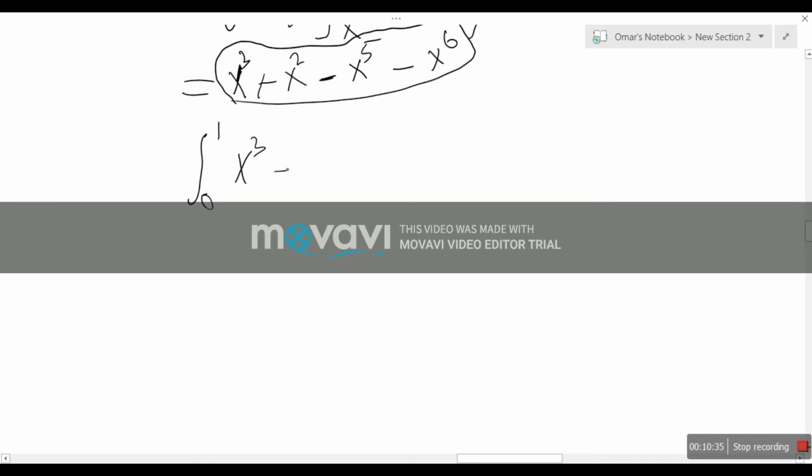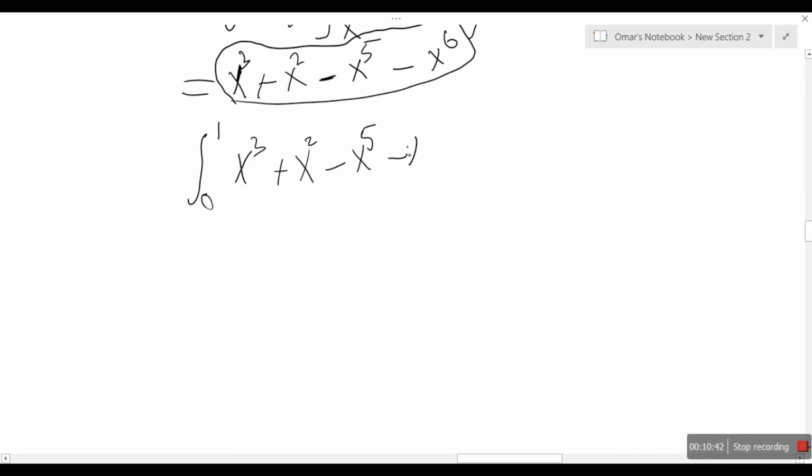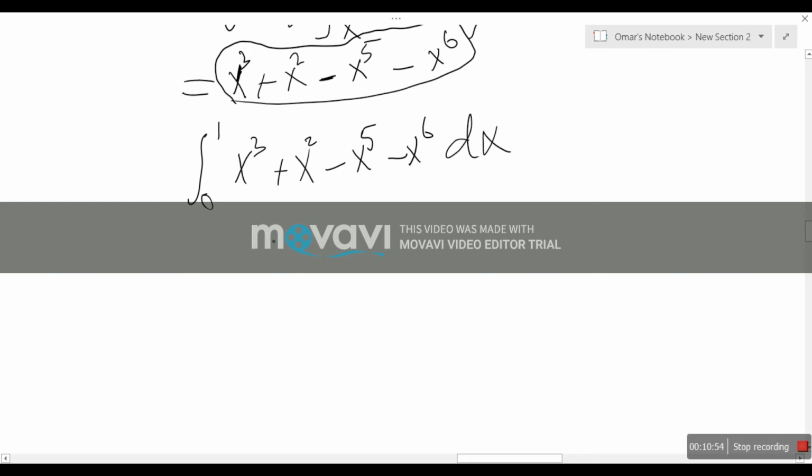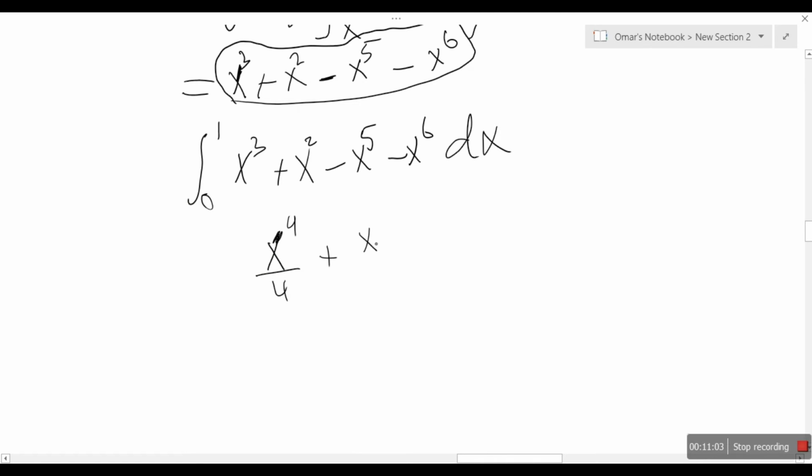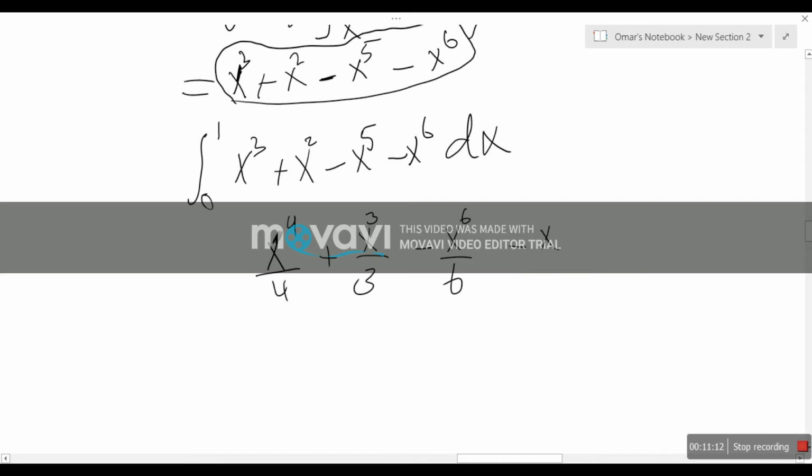We have our function over here, and we write it again, dx, and that one will give an answer like x to the fourth divided by 4 plus x to the third divided by 3 minus x to the sixth divided by 6 minus x to the seventh divided by 7. Limit of integration from 0 to 1.